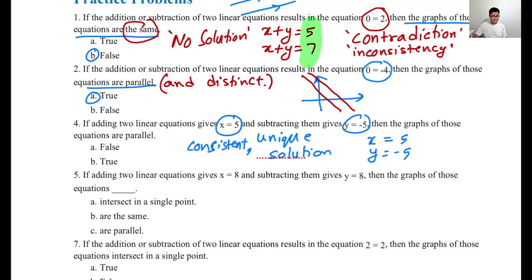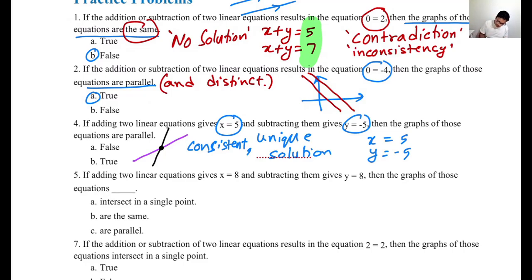Think of the graphs. In the context of graphs, what would that mean? When would we have exactly one solution from graphs? The solutions of the equations are where the graphs intersect. So if there is only one solution, that means the graphs intersect at only one point. That is your solution.